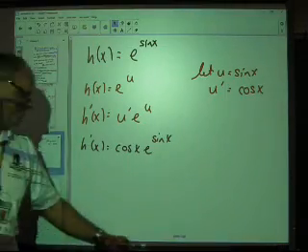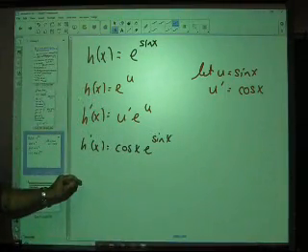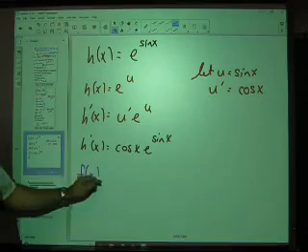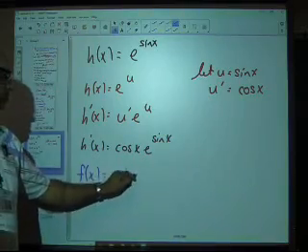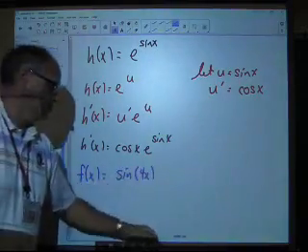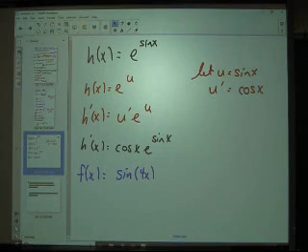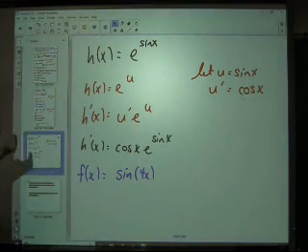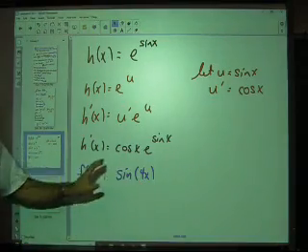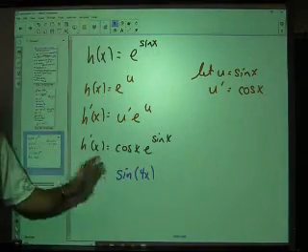Let's try another one. One of the things you're going to start recognizing when we do these is you have to decide what is the big operation function. In other words, what is the major rule that I'm working with or the major kind of function I'm dealing with in this problem, is it 4x or is it sine of something?